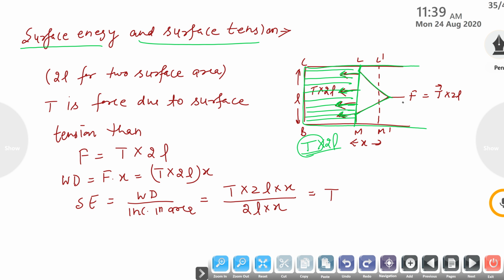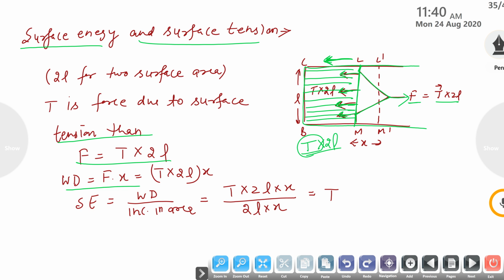Now if we apply a force in the opposite direction, we overcome the contraction, so it will not contract on this side. This applied force should be T into 2L. So F is equal to T into 2L.